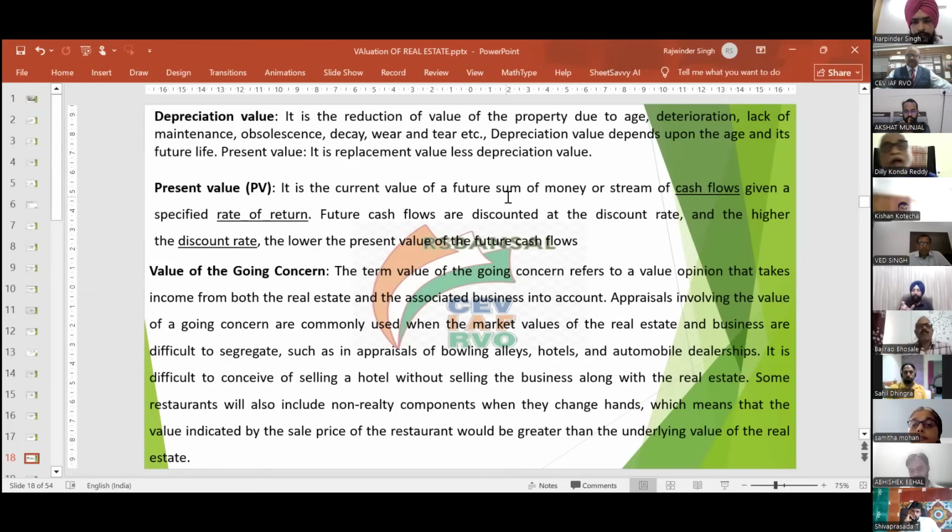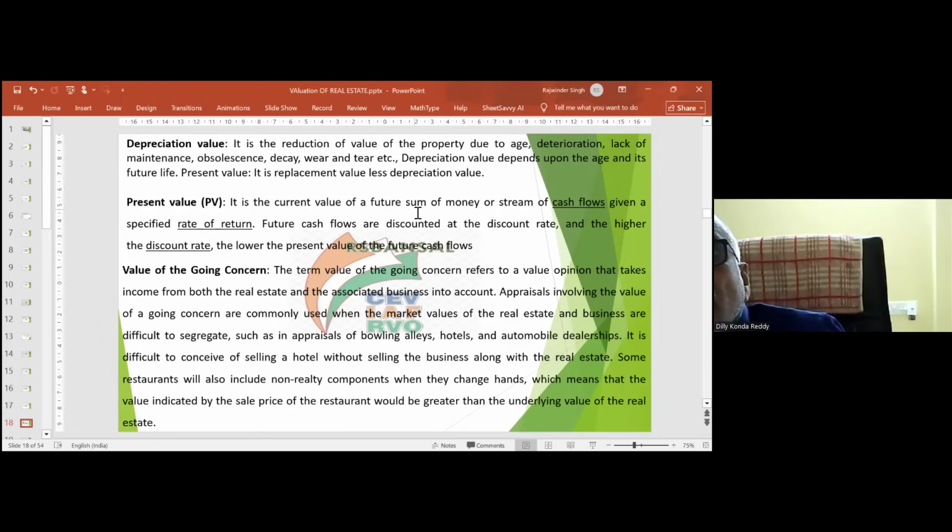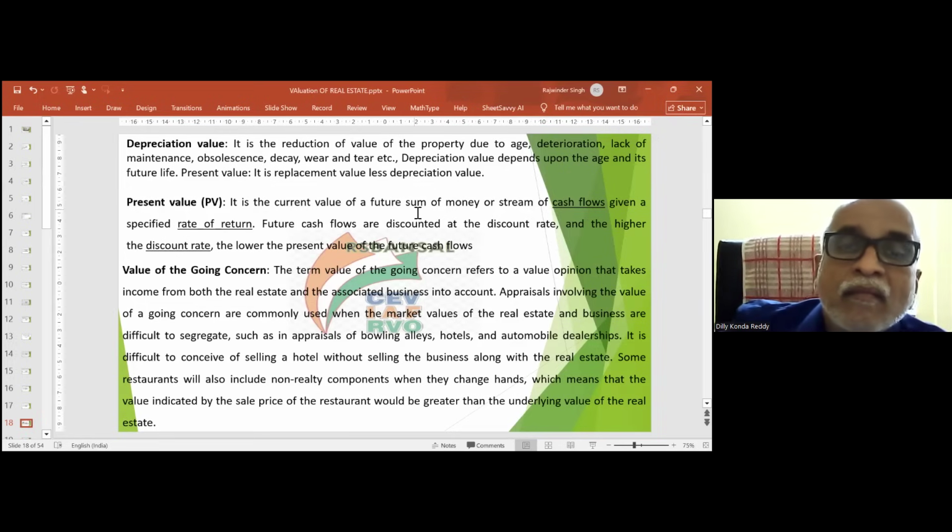So the value of the asset at a particular age is called depreciation value. Next is present value. Present depreciated value of the asset is called present value. Means 10 lakh was the purchase price and presently the depreciated value is 8 lakh.